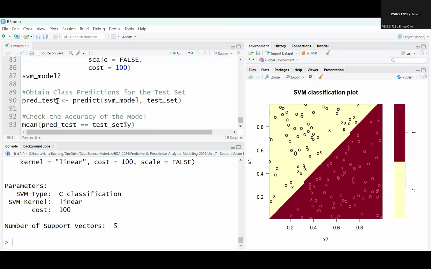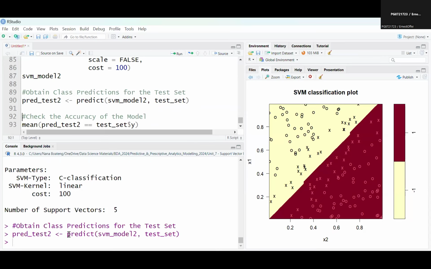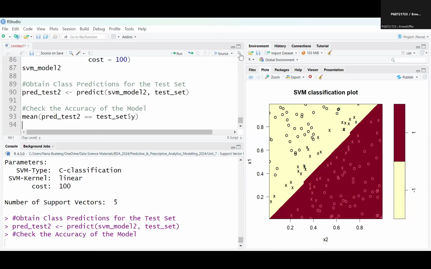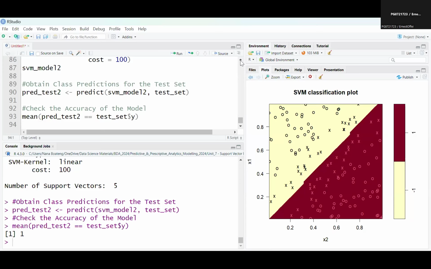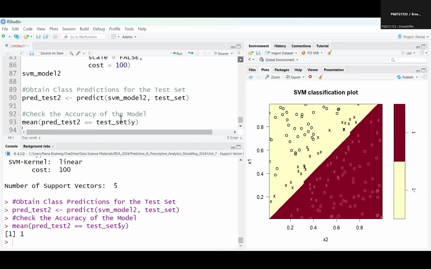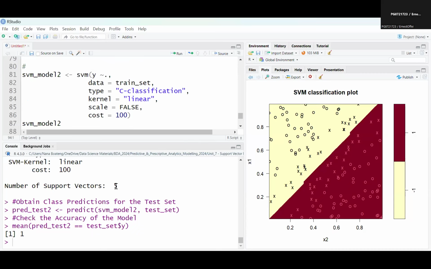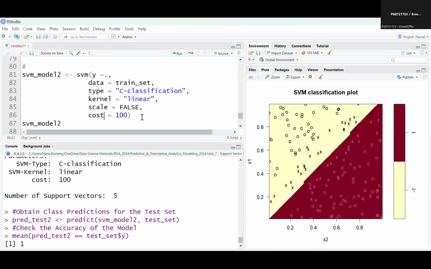Let's make this pretest 2 and then pretest 2 here. So this is still 1, okay? So it's giving a perfect model. Although we increased the cost and reduced the number of support vectors, our accuracy still stayed at 100%.